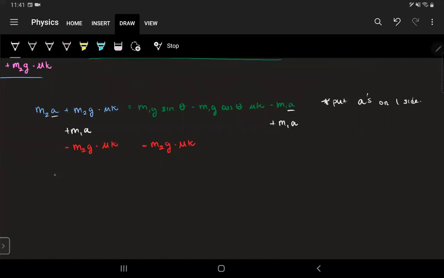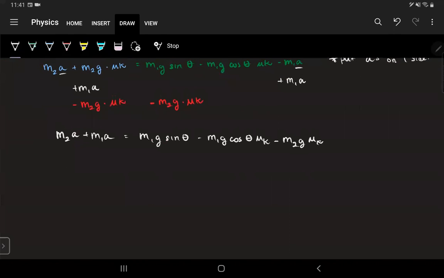So let's rewrite it. It's m2a plus m1a equals m1g sine theta minus m1g cosine theta mu k, I should write this k lower, mu k, minus m2g mu k. Now we just distribute the a to obtain a times m2 plus m1 equals all that.